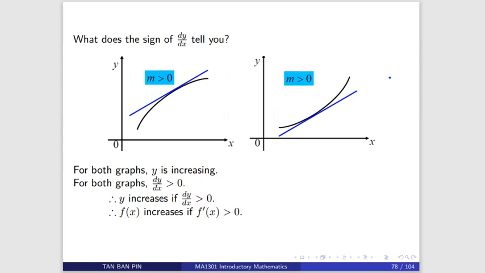Because m is gradient, and dy/dx is also gradient. When we talk about the gradient at a point, you draw a tangent line. If your tangent line has positive gradient, then the curve is also increasing, whether it's curving this way or the other way.